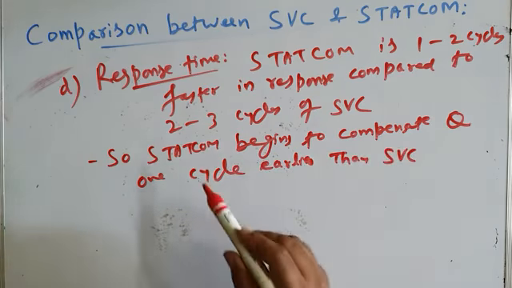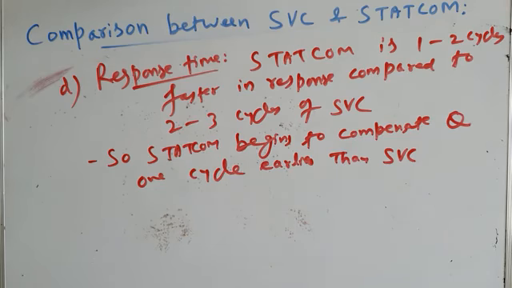So it can be used in applications like dynamically variable systems, such as transmission lines or industrial applications operating with large random peaks of reactive power demand, where random peaks come anytime and which require very fast operation. This faster response can have a significant impact on the effectiveness of reactive power compensation.